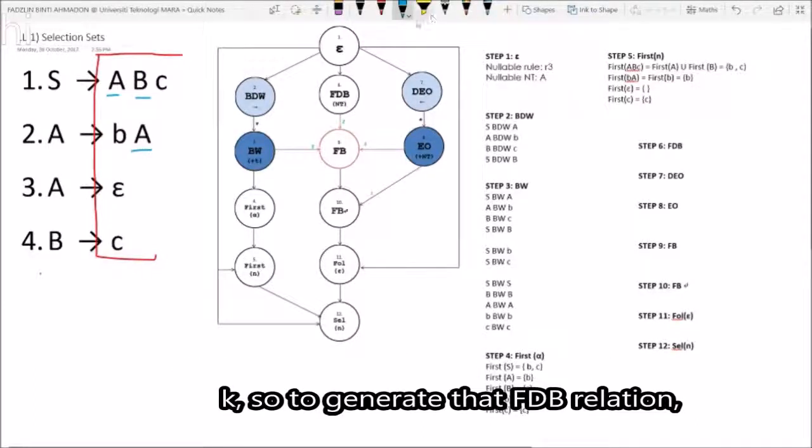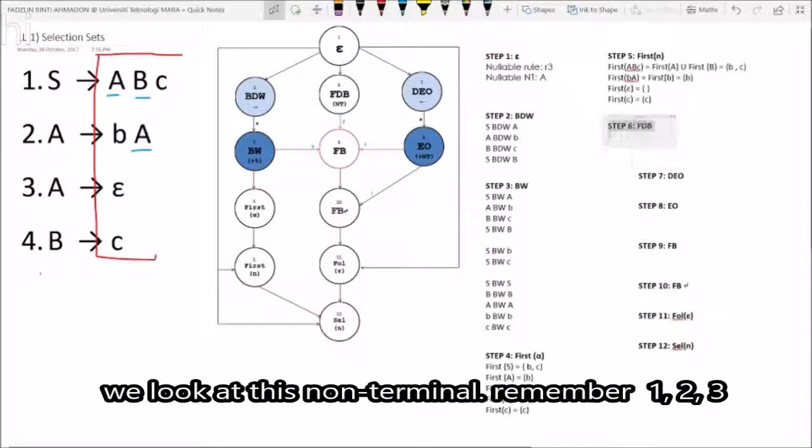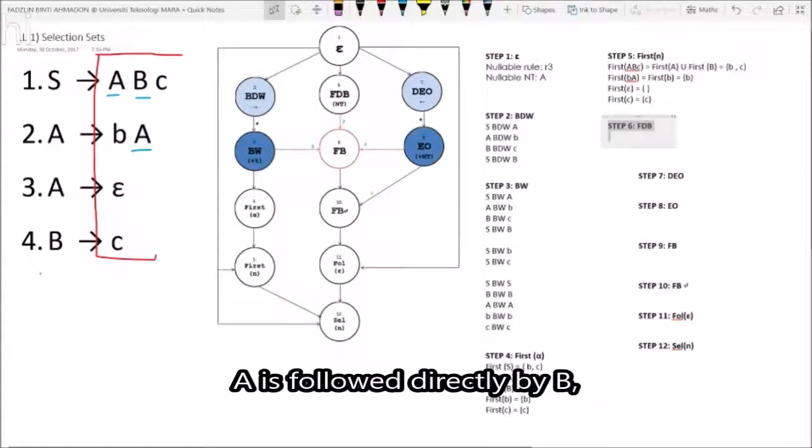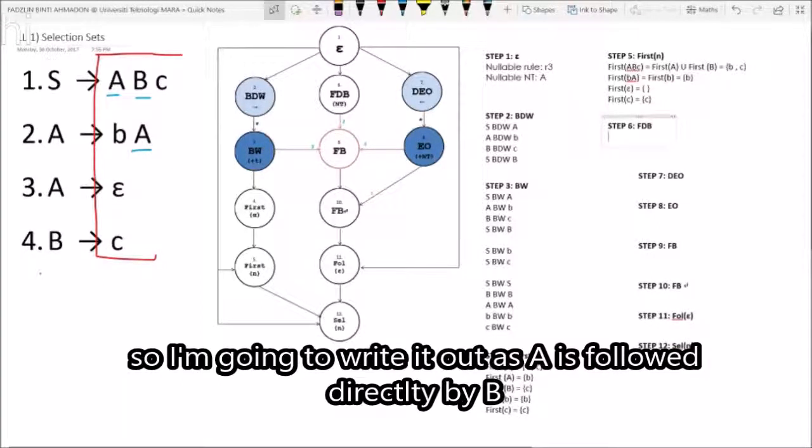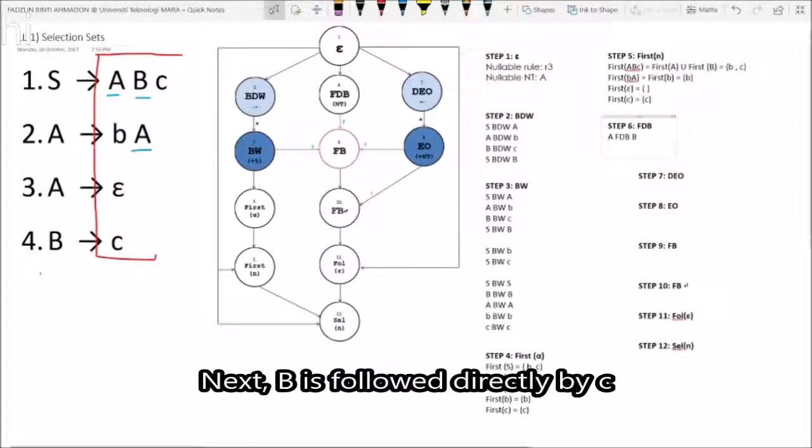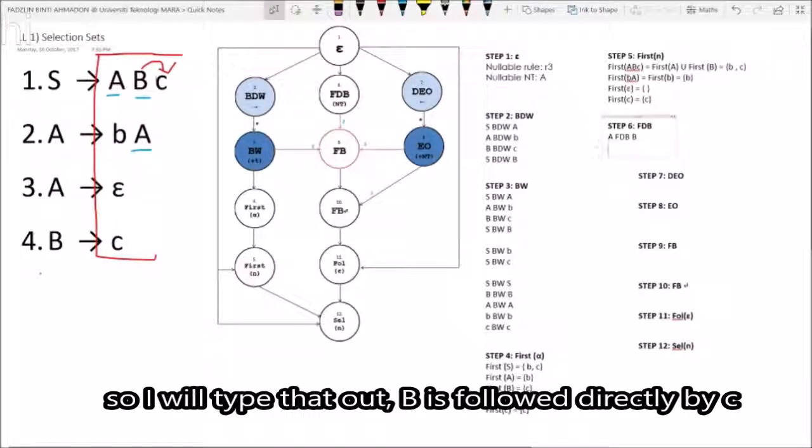Okay. So to generate the FDP relation, we look at these non-terminals. Remember 1, 2, 3. A is followed directly by B. So I'm going to write that out. A is followed directly by B. Next, B is followed directly by C. So I will type that out.